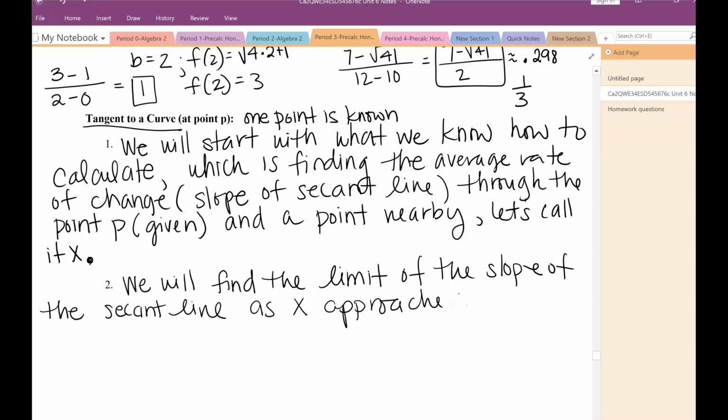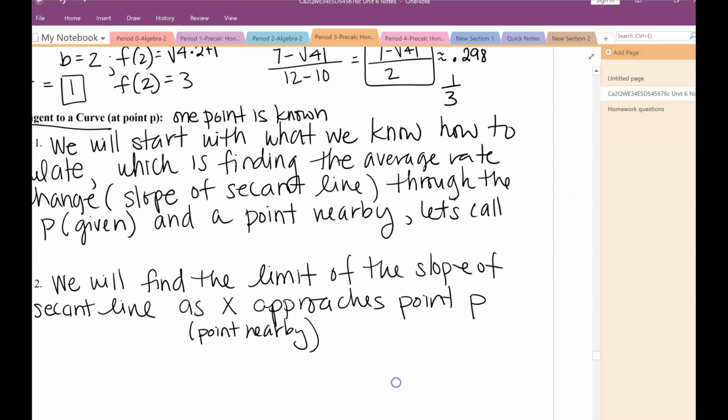What is X, by the way? Yeah, point nearby. Okay, as X approaches point P. What's P again? Given. Okay, given. I'm going to hold it right there before I go.